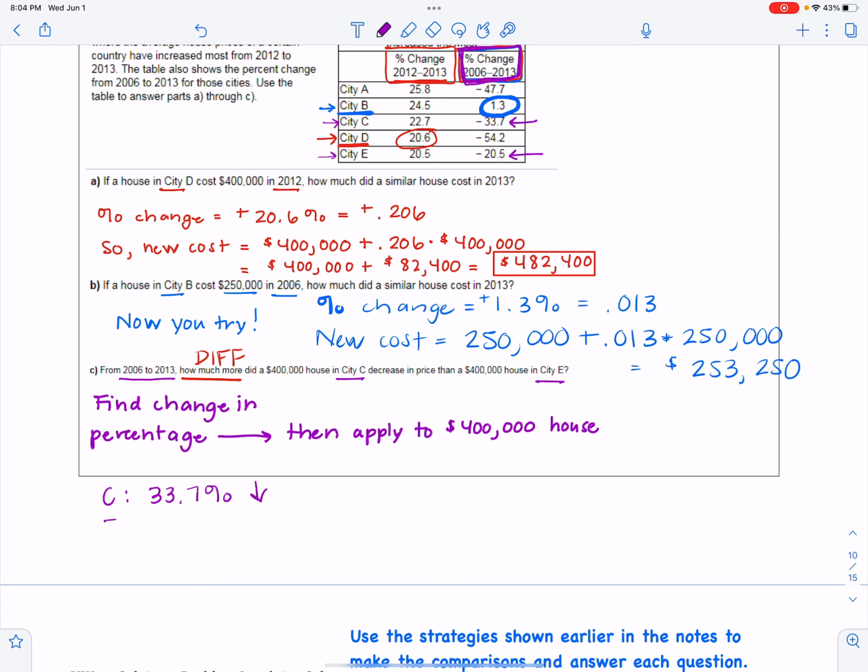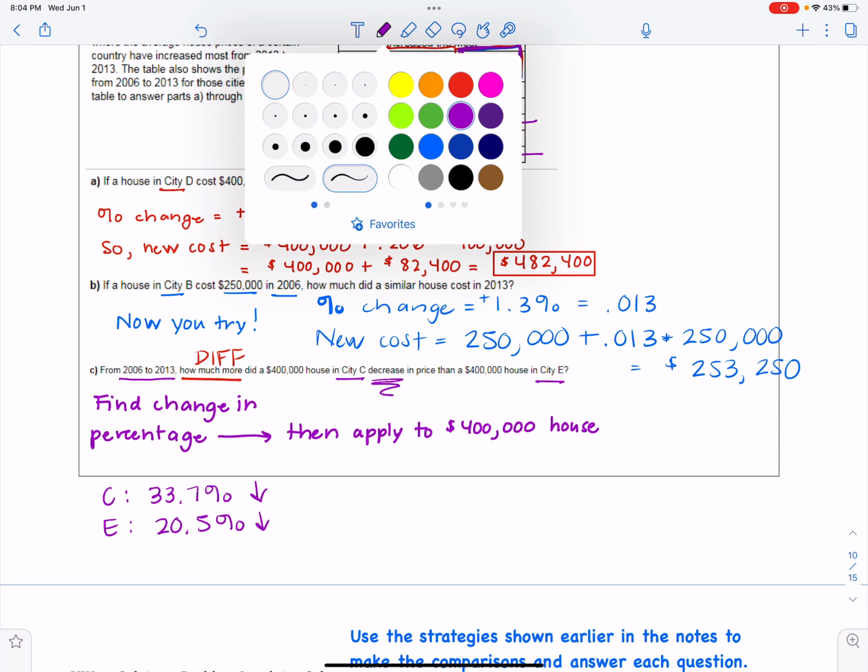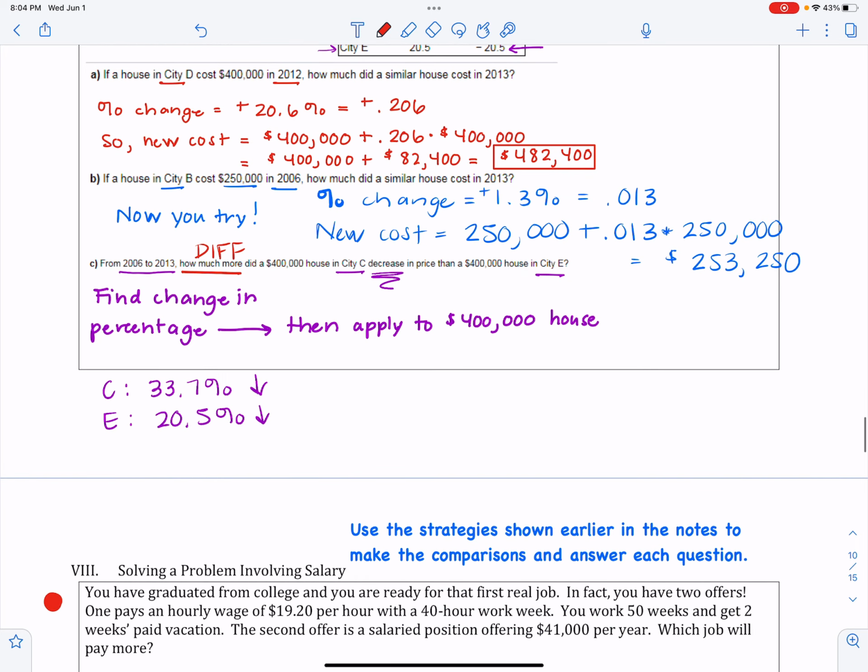For city E, we've got a 20.5%. That one's negative as well. So again, with both of these, we're looking at a decrease in price. So since they're both decrease, I'm just going to disregard their signs, and I'm going to compute a difference in those percentages.